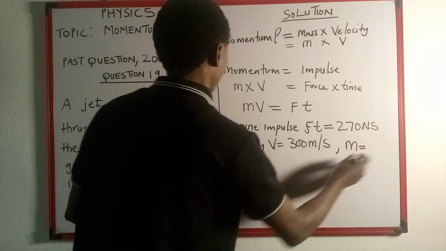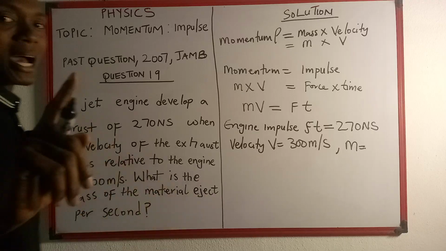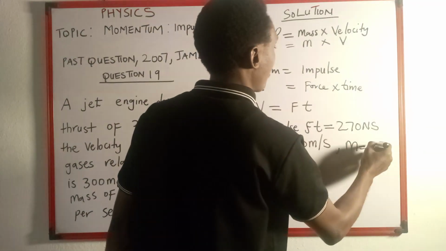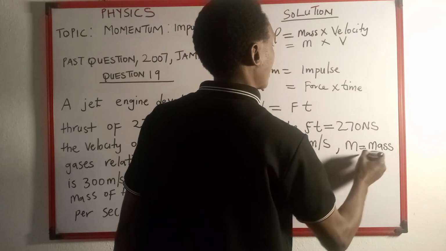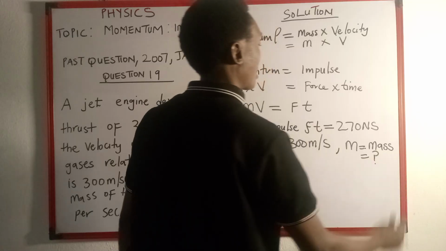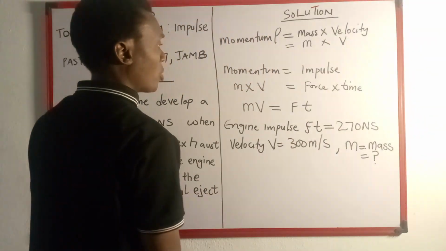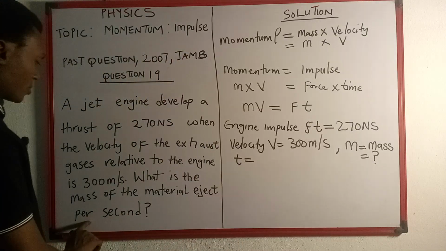And they say we should find the mass of the material ejected per second. The mass of the material ejected per second. So this is the mass, question mark. And let's get the time. What's our time? They say per second.